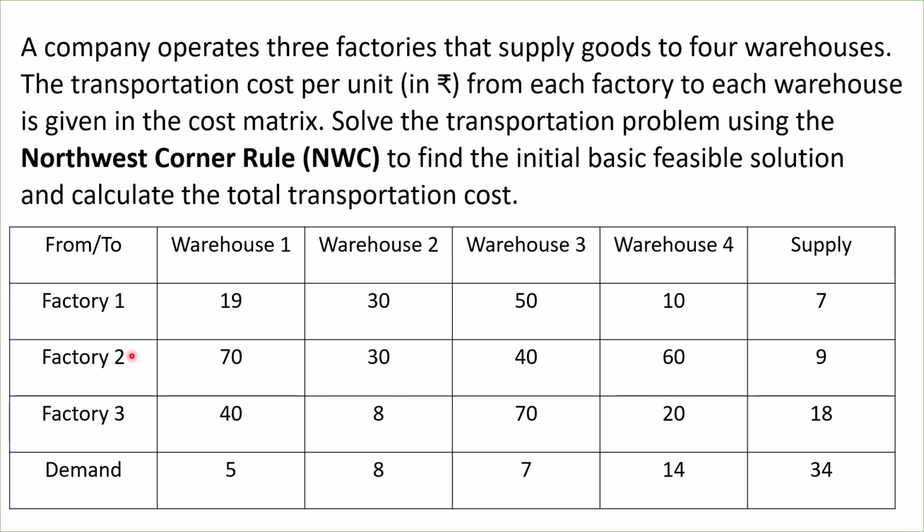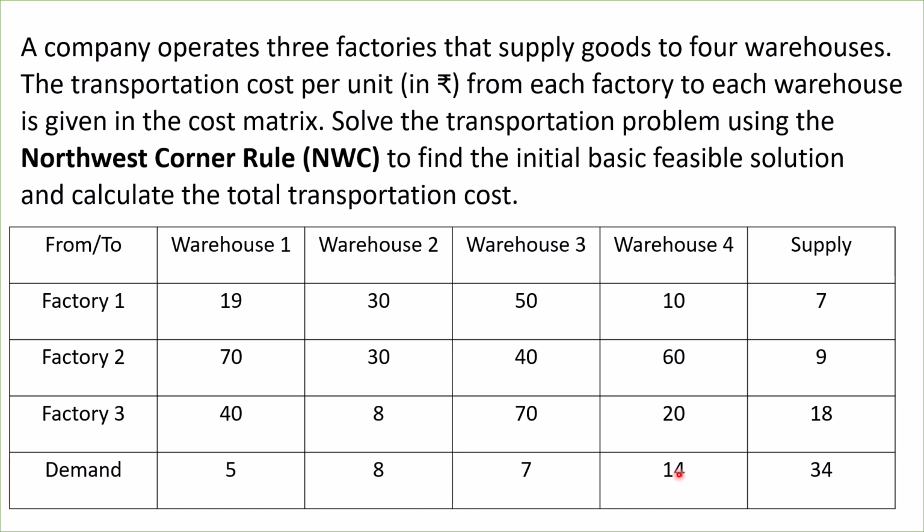That may be from factory 1, factory 2 or maybe from factory 3. And again warehouse 2 requires 8 units demand. Warehouse 3 requires 7 units demand. Warehouse 4 requires 14 units demand.